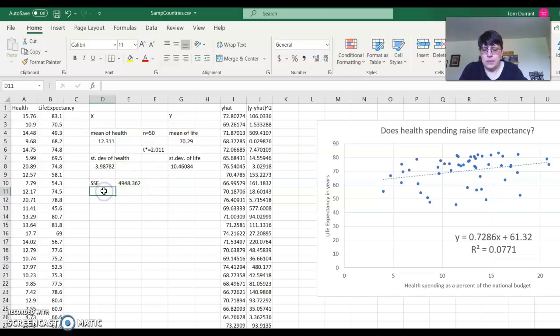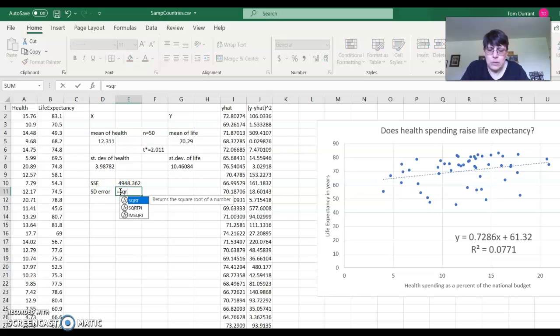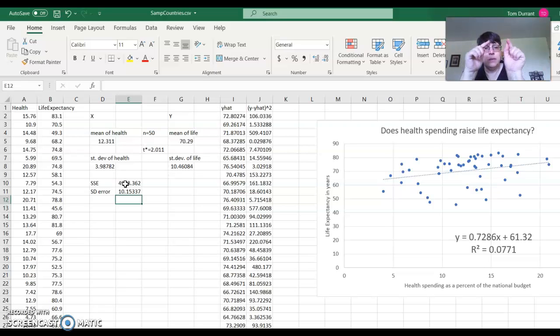And then the standard deviation of error is going to equal the square root of this number divided by 48, because that's the degrees of freedom for error. So this is that little s with the epsilon at the bottom. So back to the formula and setting it all up.